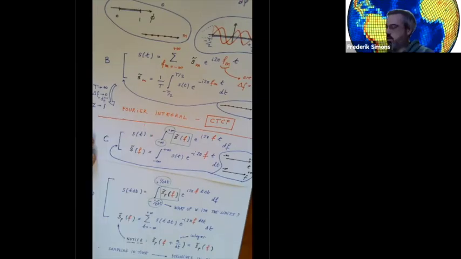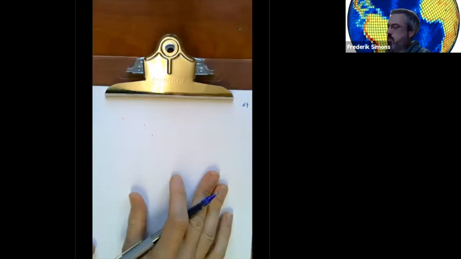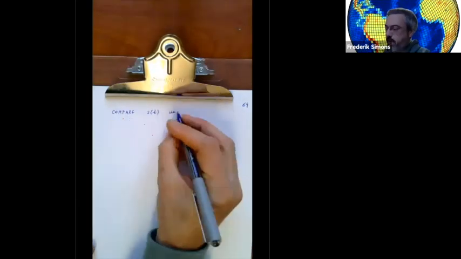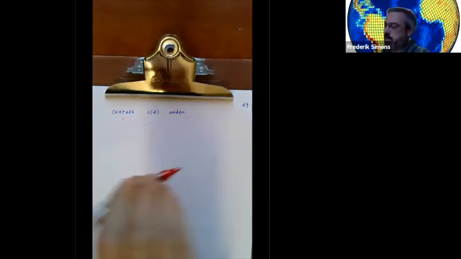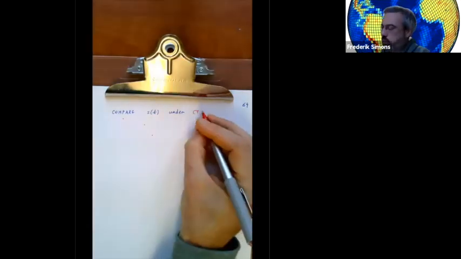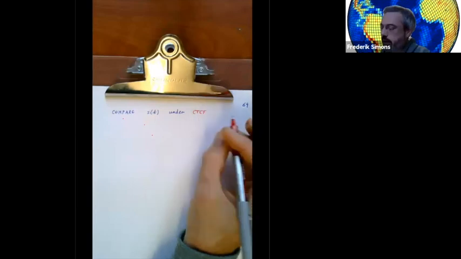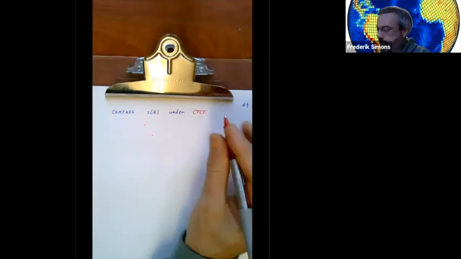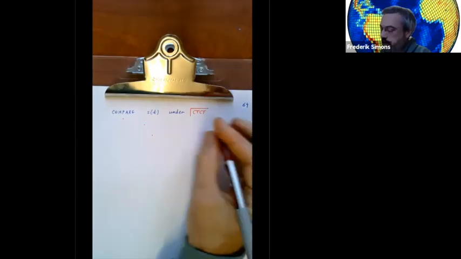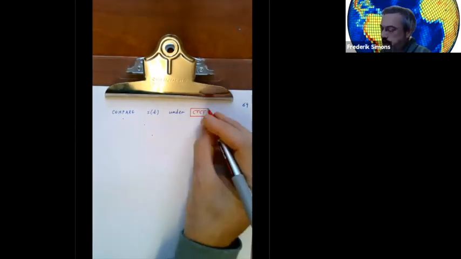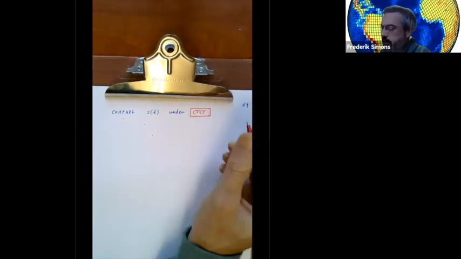So that's my objective. Compare S of t under this Fourier transform pair. That was the continuous time, continuous frequency case, which you're often learning in school anyway, because it's the easiest one. Discretization is, as you will see, not without its effects, so people don't talk about it until they're doing real work, which we are doing.